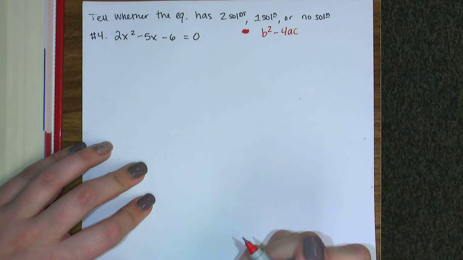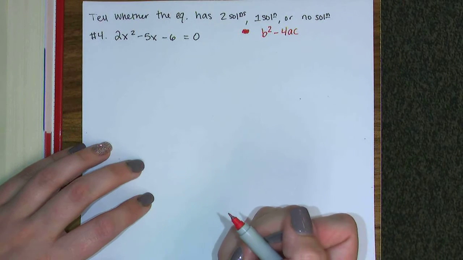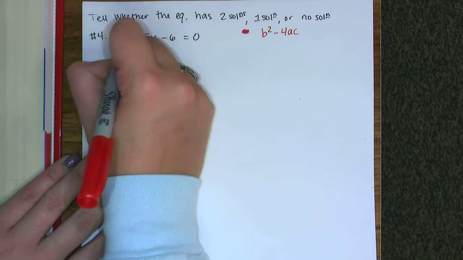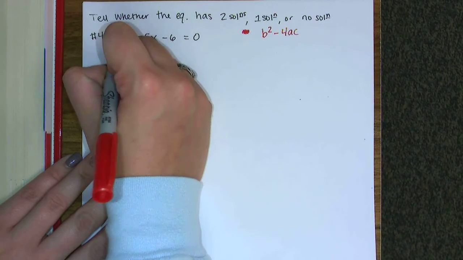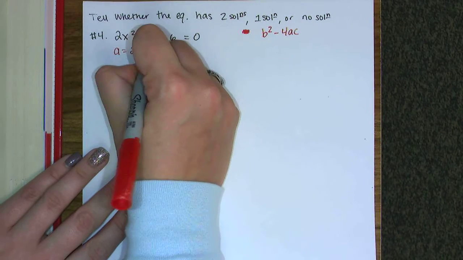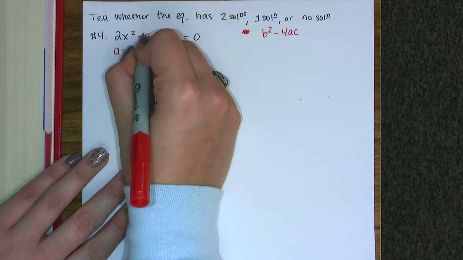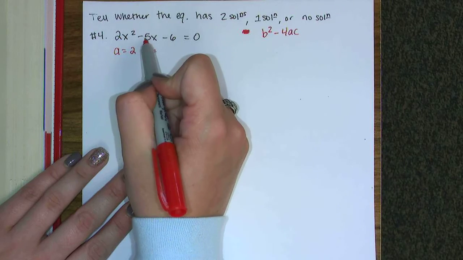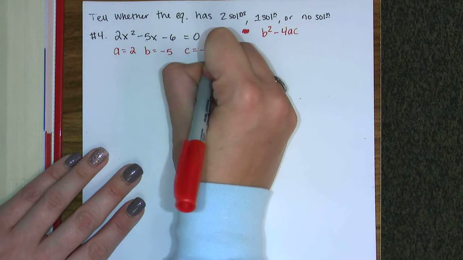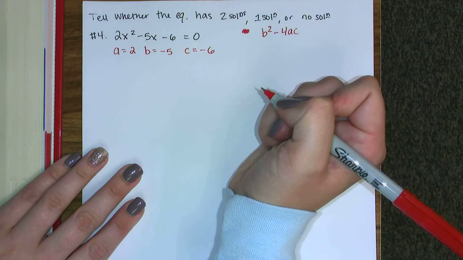That's what we're using the whole time. I'm going to write out what all my letters are. A is equal to 2, because that's the number in front of x squared. B is equal to negative 5, because that's the number in front of x. And c is negative 6, because that's the number by itself.